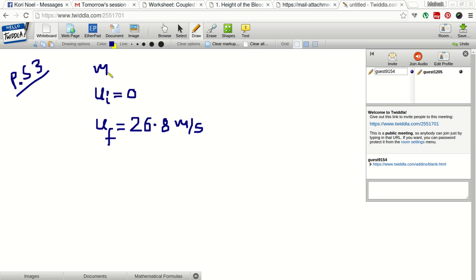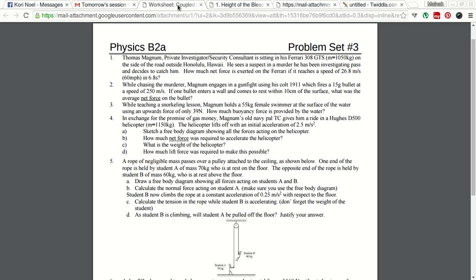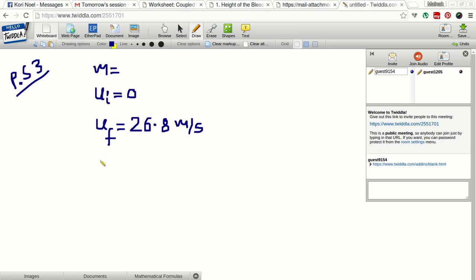Mass is given, but then there's another thing given: the time. How much time is required for accelerating from a speed of 0 to 26.8, right? And how much was the time? The time was, I guess, 6.8 seconds. Point eight seconds. All right. So time is 6.8.